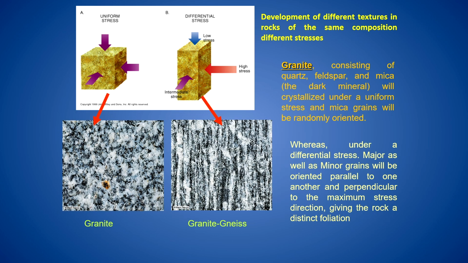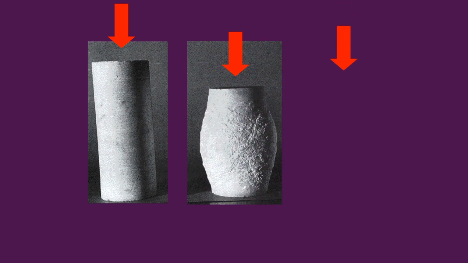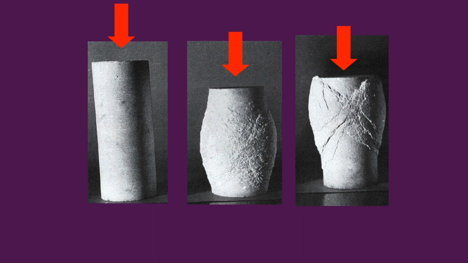The granite changes over to granite gneiss. This is a typical texture of that. But the result is because of the high temperature or high stress from sigma 1 from that direction. This can also be seen in most of the examples, how the stress pattern changes and results in different types of deformation in the area.